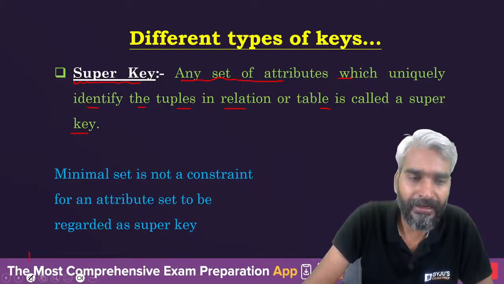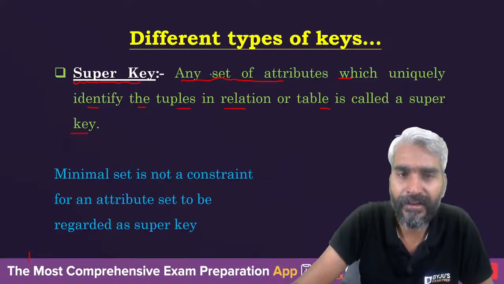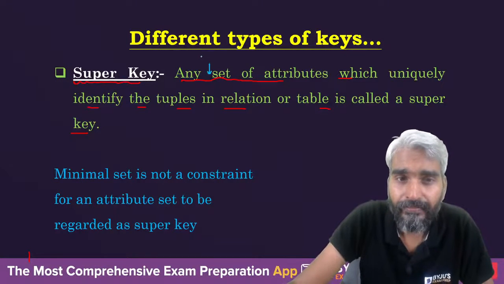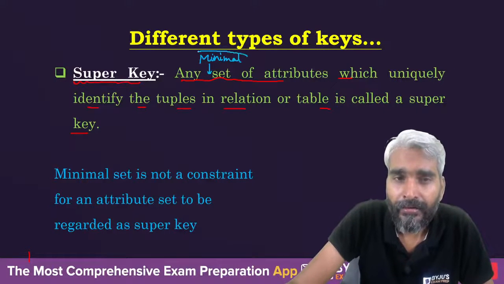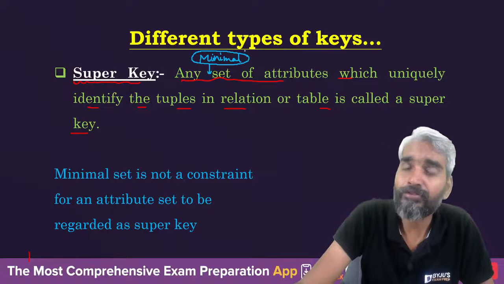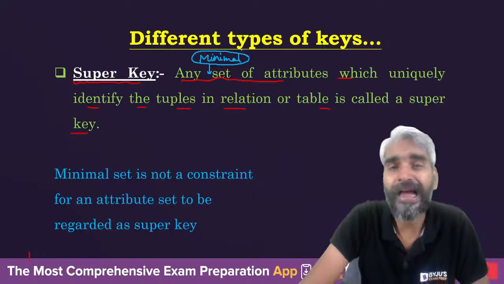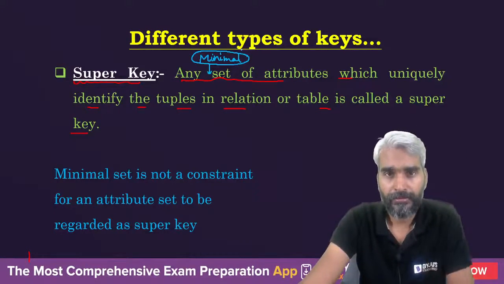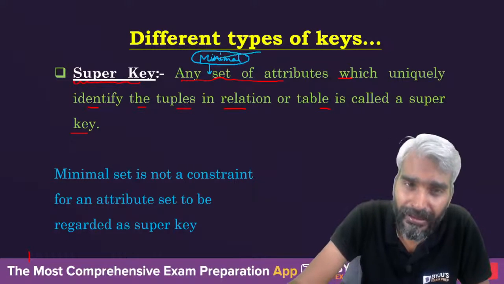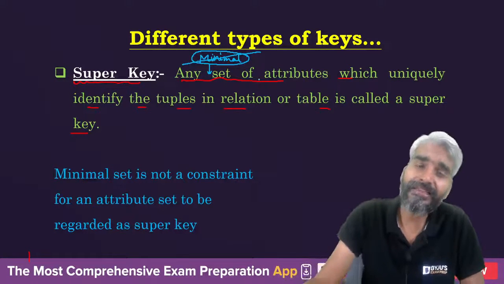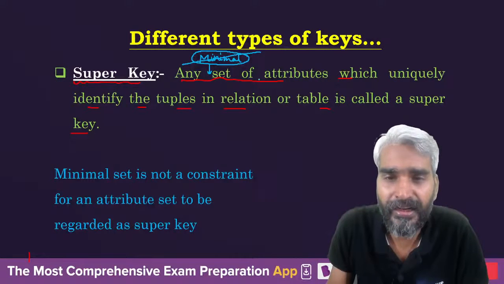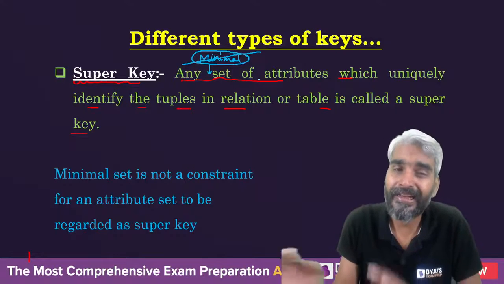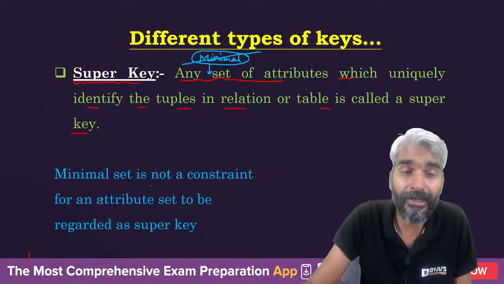In the candidate key definition, we define any minimal set, a set which will lose its property if some of the attributes are removed from that set, right? Then it is known as minimal. But in the super key definition, any set of attributes which can uniquely identify the tuples in the relation will be called a super key. It need not be minimal.